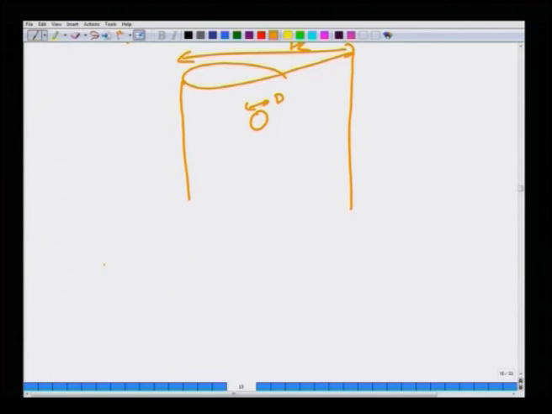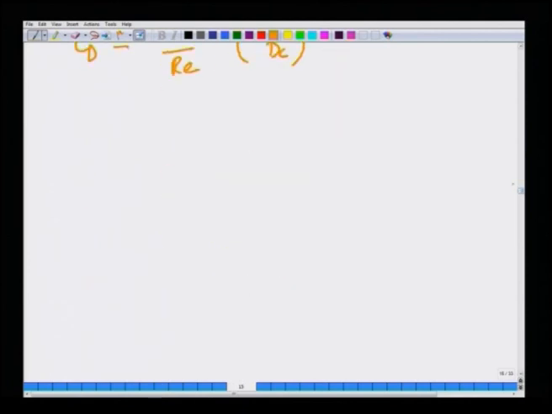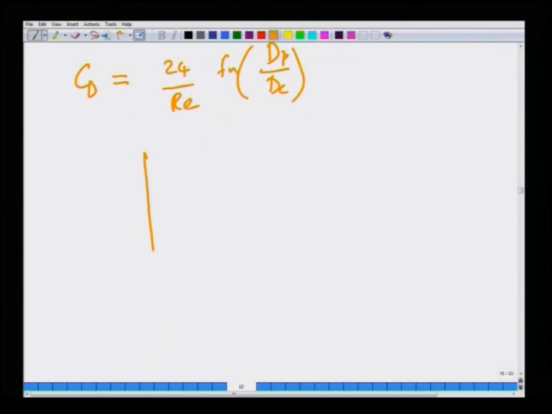But you can also correct for that. So, the drag coefficient is 24 by Re times some function of dP by dC, where people have found using experiments what this functional form is.